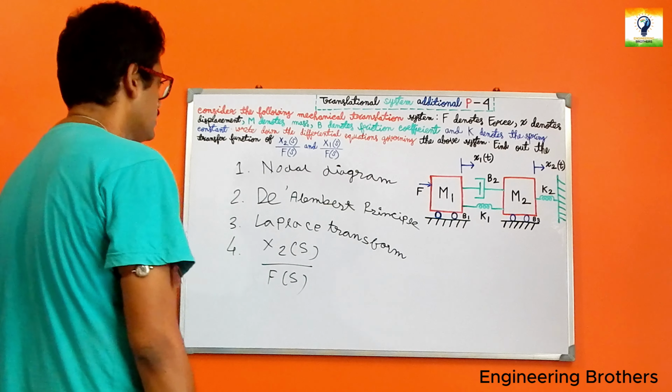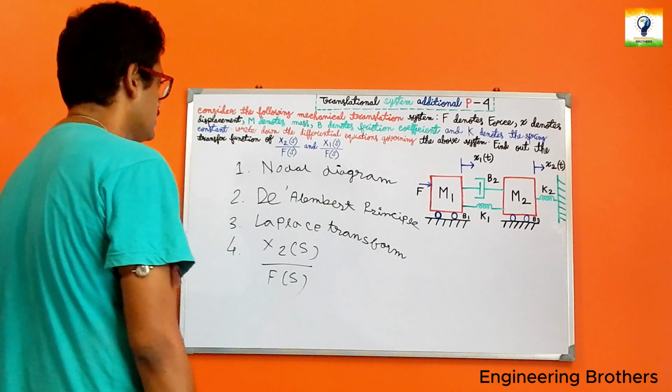After we have applied the Laplace transform, we form this ratio, x2s divided by fs, which gives us our first transfer function, x2s by fs. So these are our important steps that we need to follow here. Let us start our consideration.